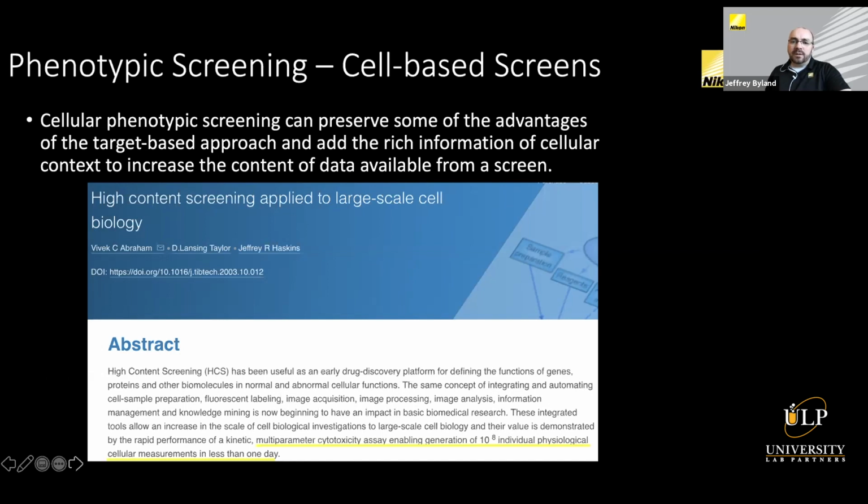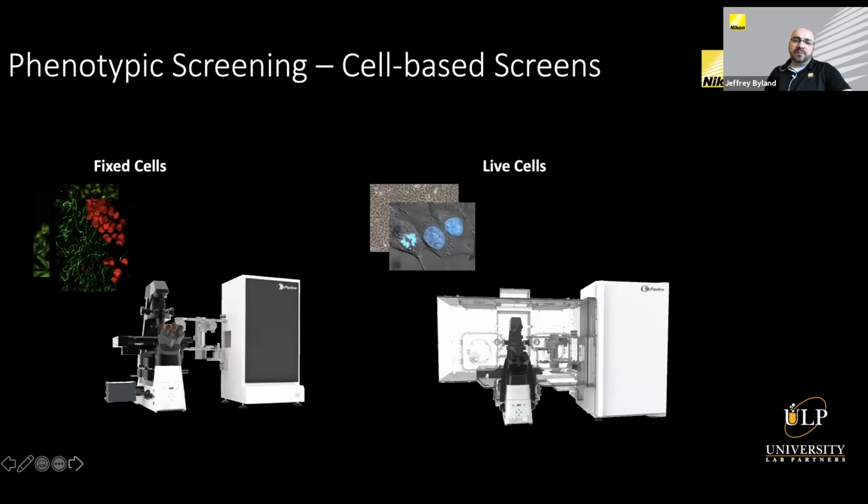And so if we move to the next slide, then we can see some examples of systems that allow us to do this kind of imaging. So on the left is an example of one of our biopipeline series systems called the biopipeline plate. And the biopipeline plate is for looking at fixed samples, and it holds on the right in that hotel dozens of dishes that can then be transferred automatically onto the microscope and then imaged.